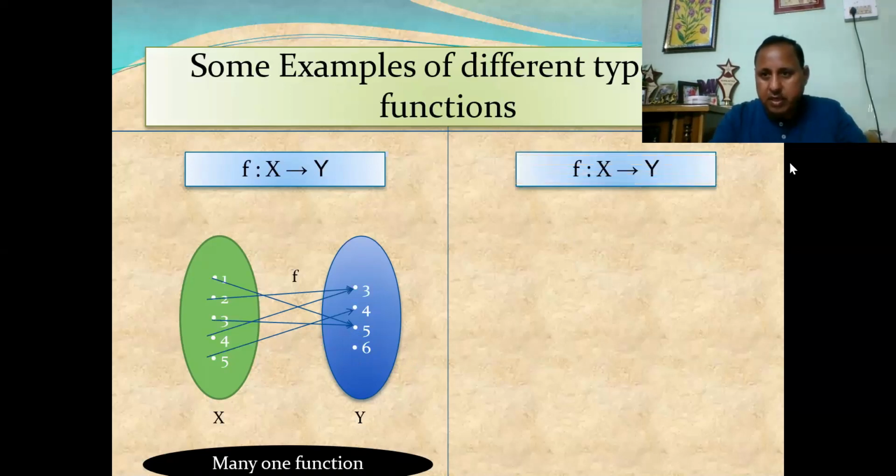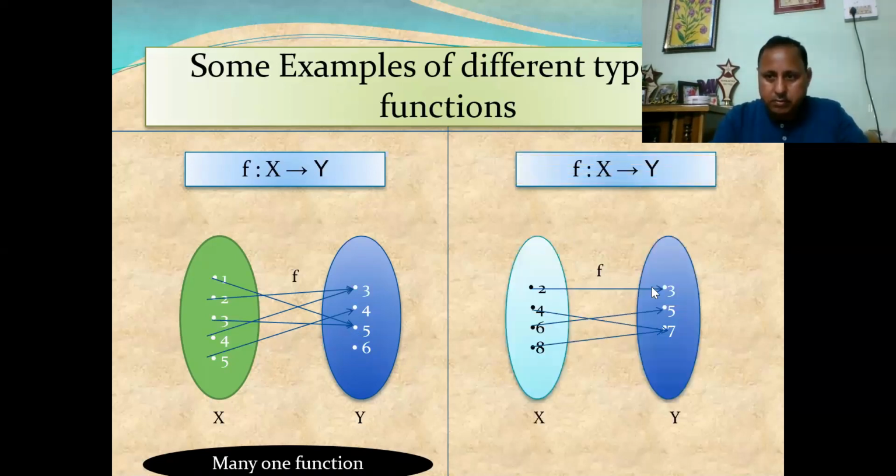Okay, see another example. f is a function from x to y. 2 is associated with 3, 4 is associated with 7, 6 is associated with 5, 8 is associated with 7.